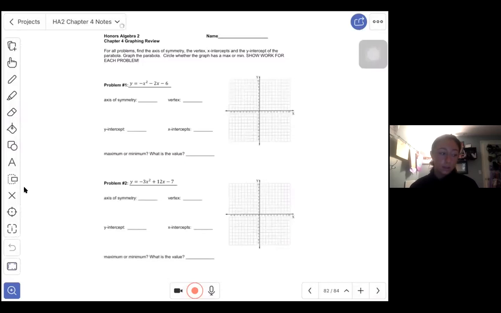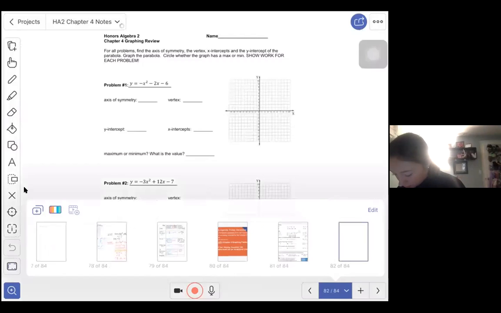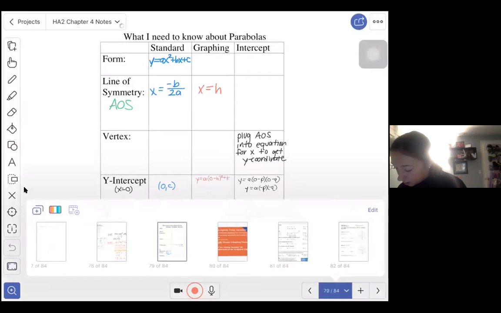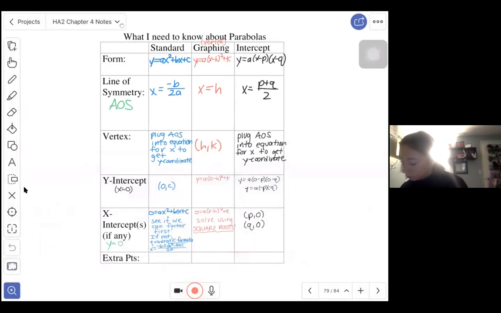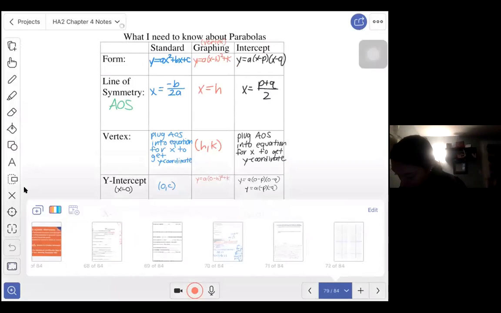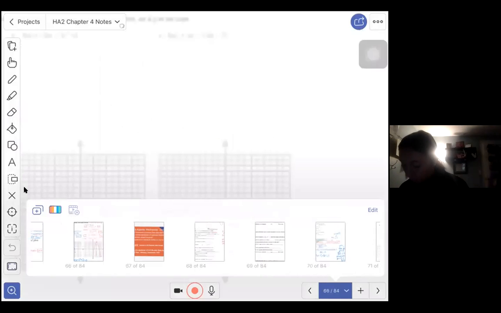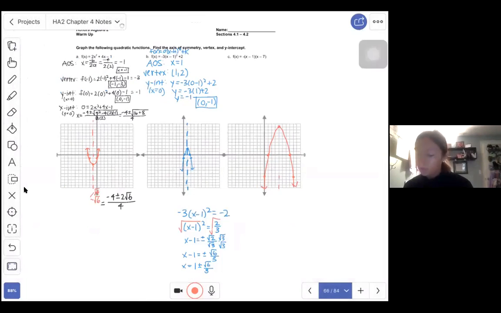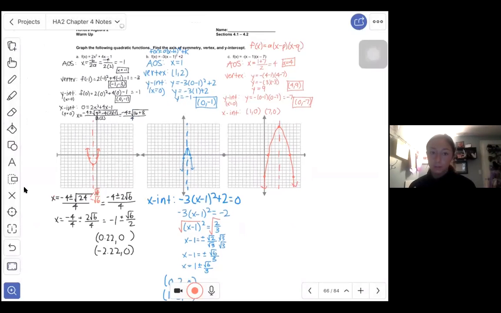You should take those summary pages that we did the last 2 days, that first one where we actually graphed a function in each of those forms, and then also that summary page that we did yesterday. So this one you should definitely keep close to you, and this one where we factored all 3 of them with the different forms.